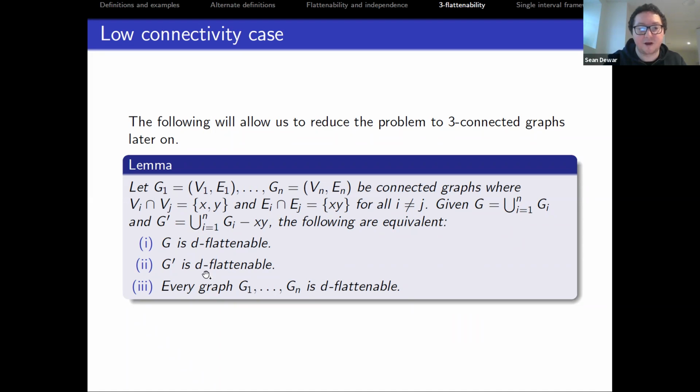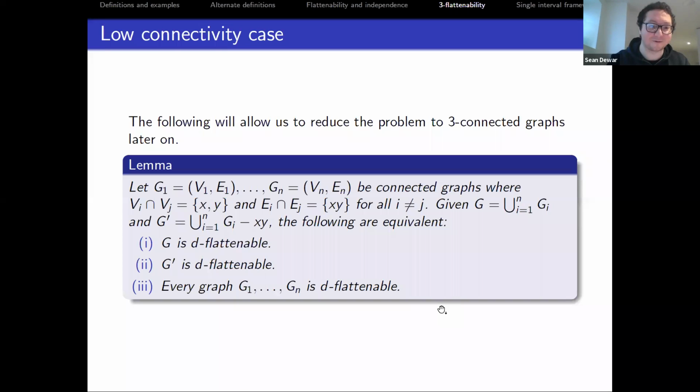So no, it's still fine. 1, 2, and 3 are still equivalent. There's no issue with that. Because the graph that we've got is K4 minus an edge: you've taken K4 and you've subdivided the edge. So that's still going to be not 2 flattenable. So it doesn't contradict this at all. The statement is still fine.